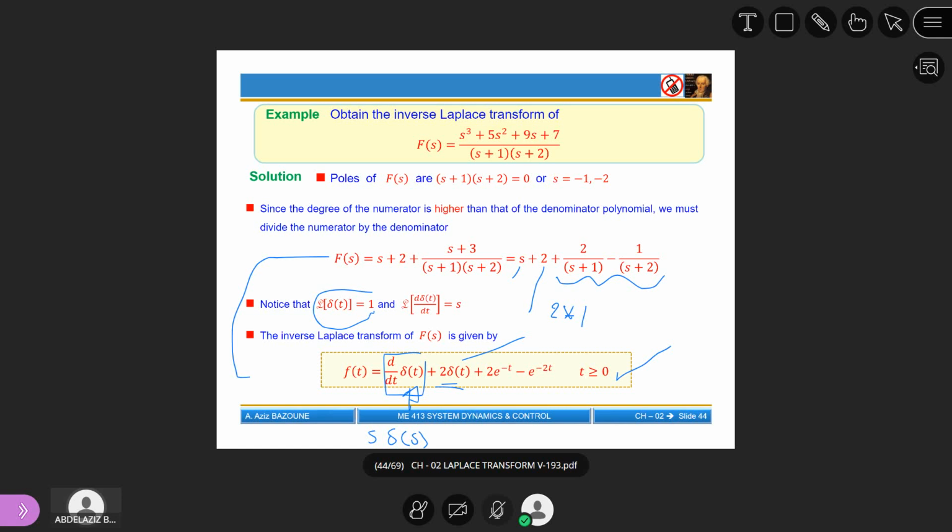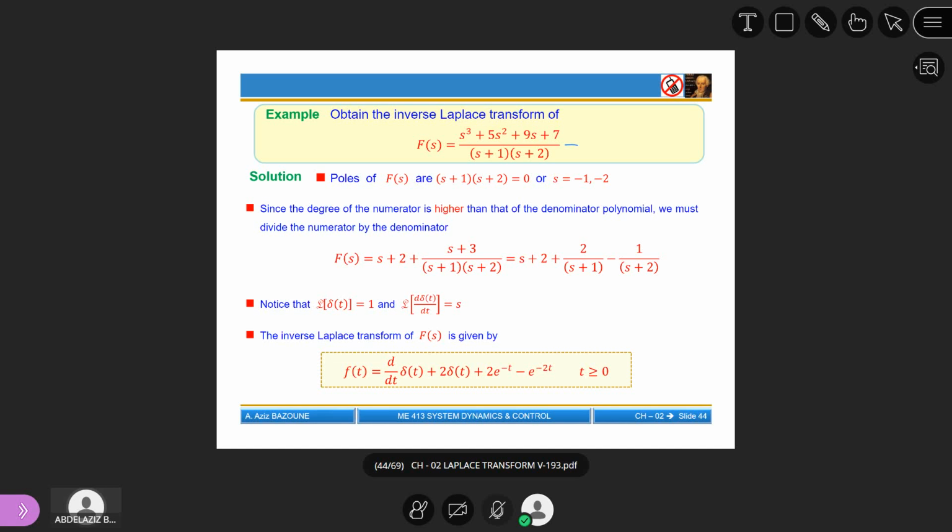Clear? Go ahead, Nasser. I have a simple question. Now we found s plus 2 by using a lengthy division or what? Yeah, just divide by this. If you use MATLAB, just define the numerator here. I think they showed you last lecture how to find this division in MATLAB.